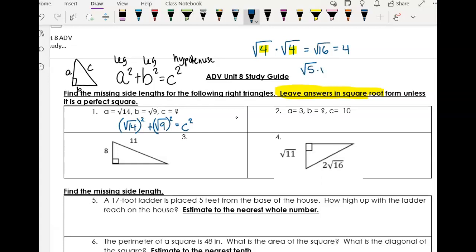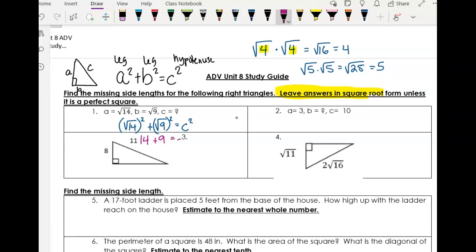If I do the square root of 5 times the square root of 5, 5 times 5 is 25, and the square root of 25 is 5. So any radical times itself basically undoes the square root. That means the square root of 14 times the square root of 14 is just 14, and the square root of 9 times the square root of 9 is just 9.